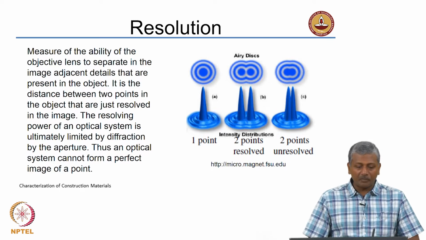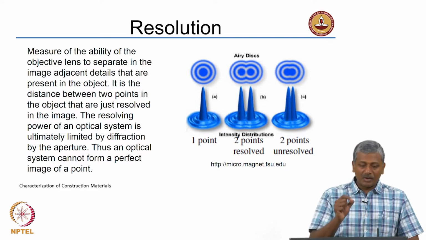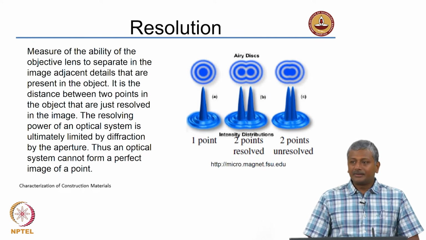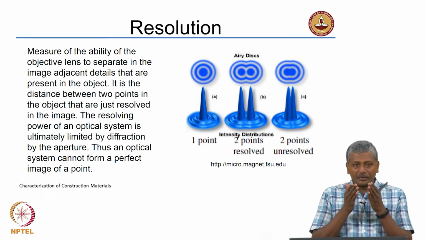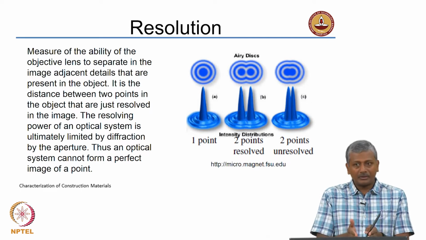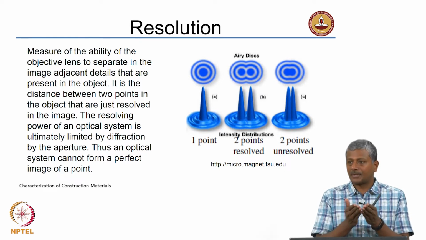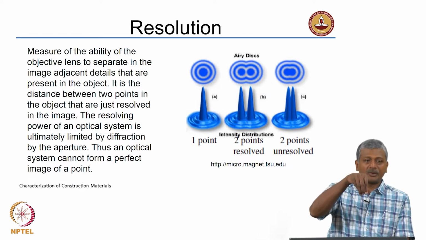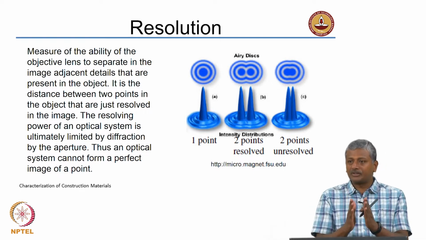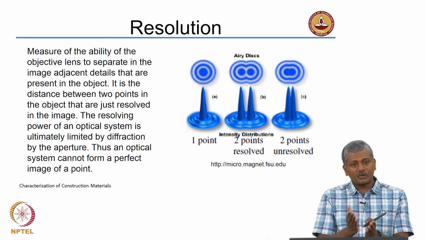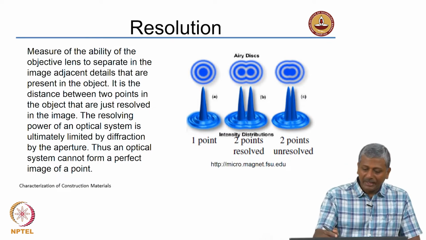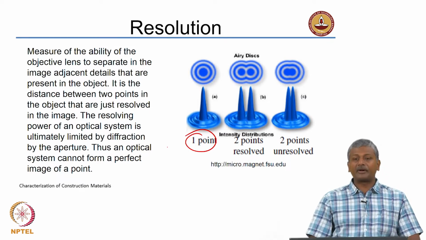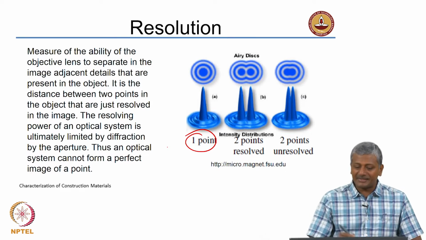When your microscope focuses on one particular point, the light is collected through an aperture. The microscope collects the light coming from the specimen through an aperture. There is a direct beam of light coming from the specimen into the aperture, but because the width of the aperture is small, this beam also gets bent and diffracted, because of which any one point that you observe in a microscope will not be seen as a point, but as a disc.